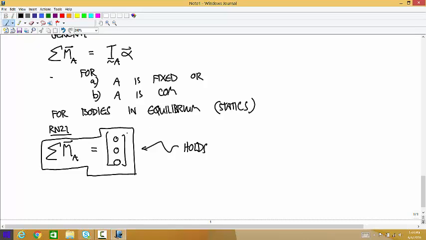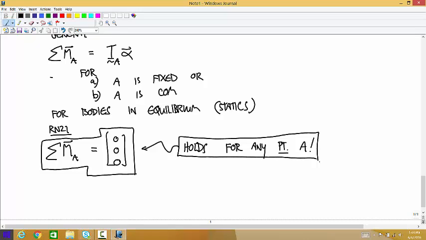The static case holds for any point A. So that's very much to our benefit in this class. So you can just choose your about point based on what makes the math easiest, or arbitrarily. You don't have to think about it at all.